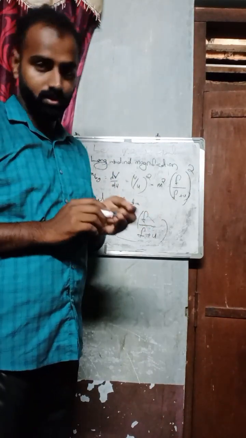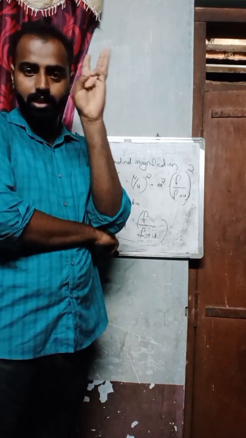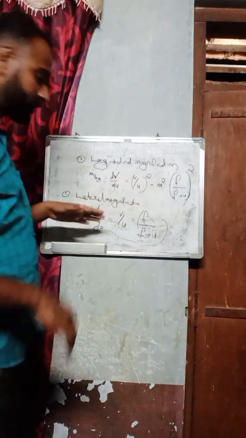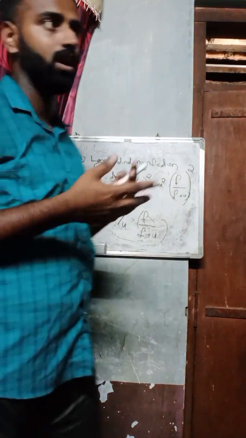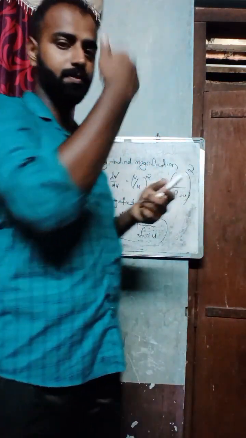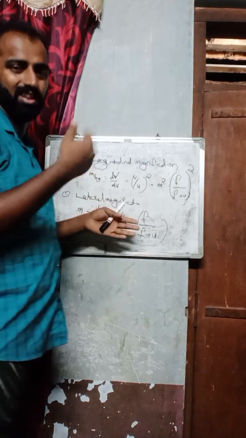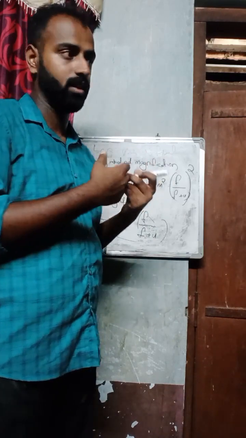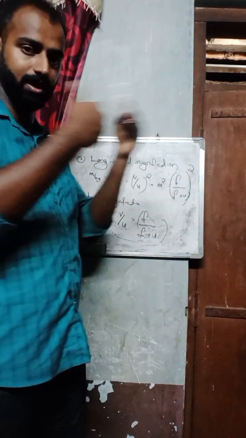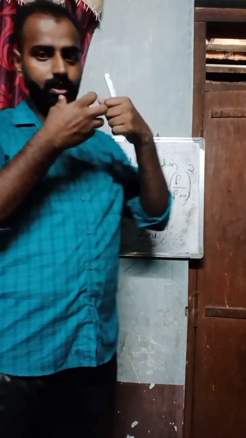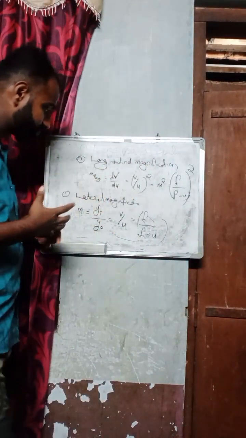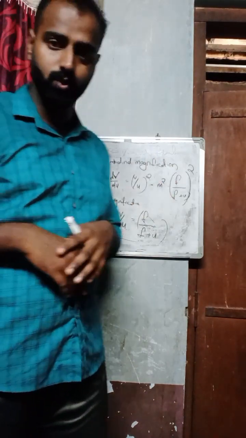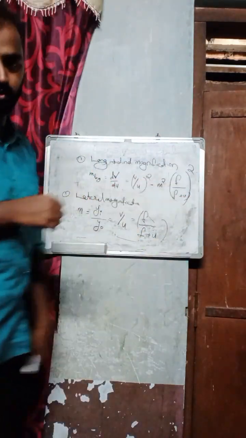This is all about lens formula, lens maker's formula, lateral magnification, and longitudinal magnification. Lateral magnification is how much the image is exaggerated or diminished, that is image height by object height, which we get as V by U, then F by F plus U. Longitudinal magnification is how much the image size is changed in the longitudinal direction, that is dV by dU, V by U the whole square, M square, F by F plus U the whole square.